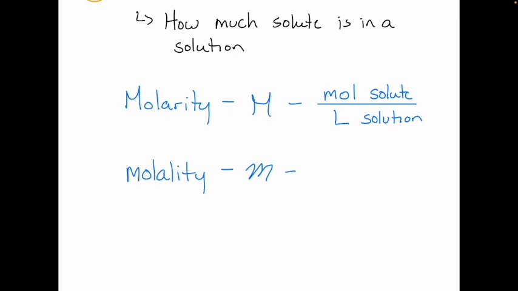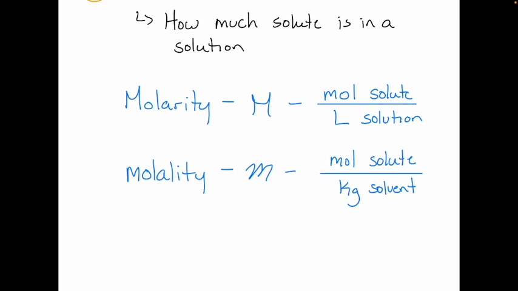Molality is also moles of solute, but now per kilogram solvent. Okay, so notice not solution, but just how much solvent you're using in your mixture.